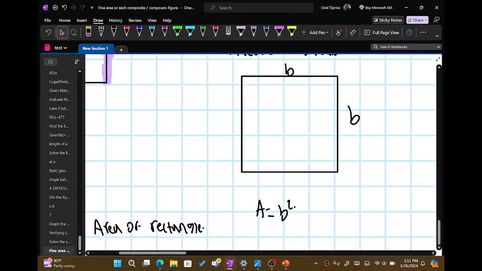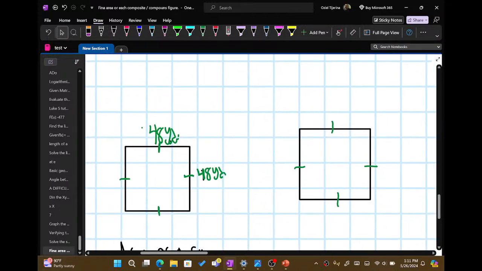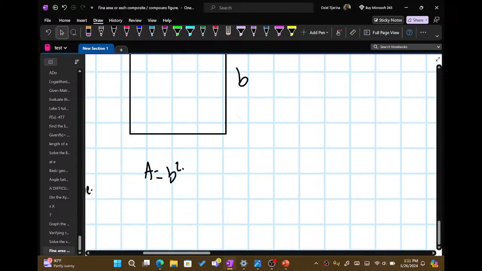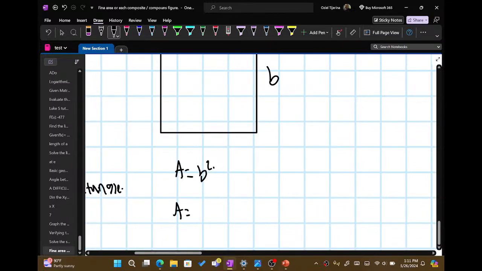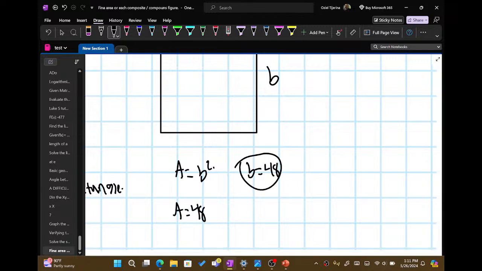And we know that the area of the square is going to be 48 quantity squared. So if b is equal to 48, the area is 48 yards squared.